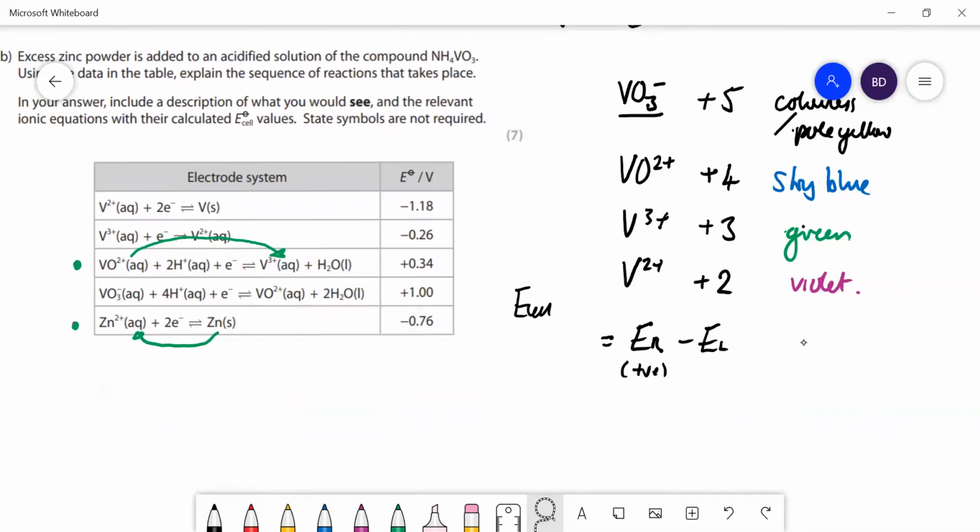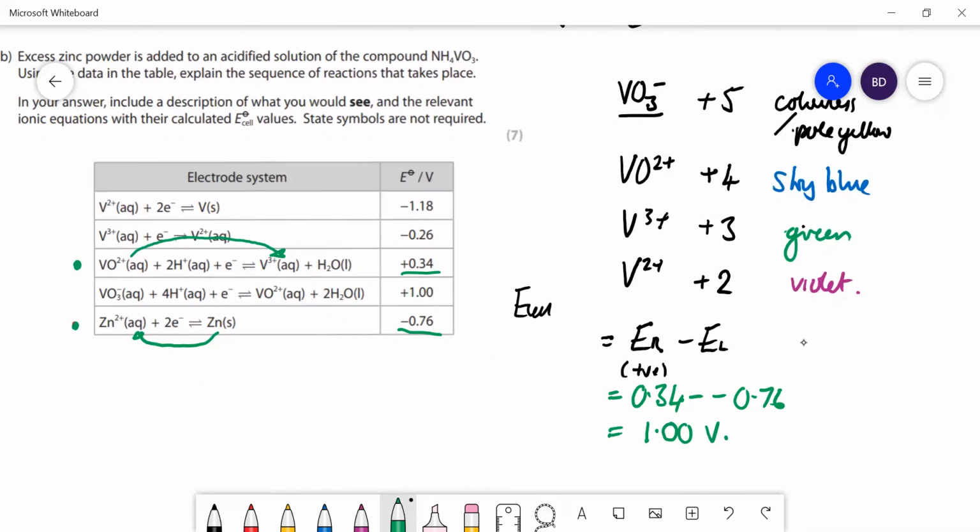Right, so we write E cell for that. We're going to get E right, which is this one, plus 0.34, minus 0.76 for the zinc, and that is going to give us 1.0 volts exactly.